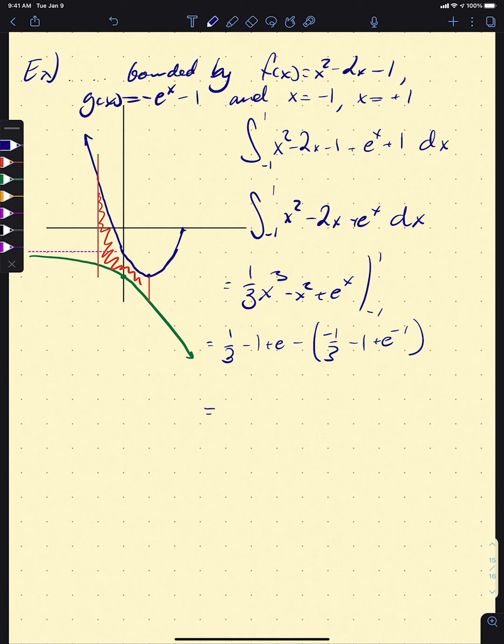And so it looks like we have 2/3, a third and then minus a -3. This minus 1 and this plus 1 cancel. And then we're left with e and an e to the negative 1. Okay, this is our answer. If you're curious, this is going to be about 3.02 units. Okay.